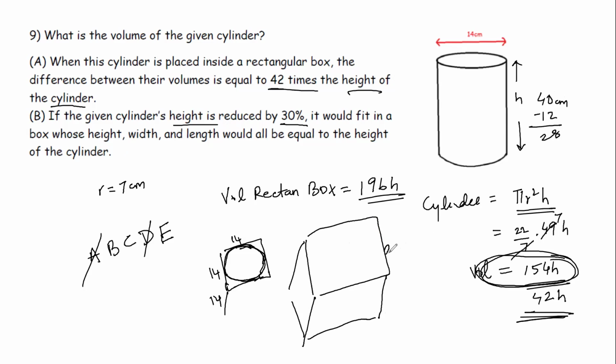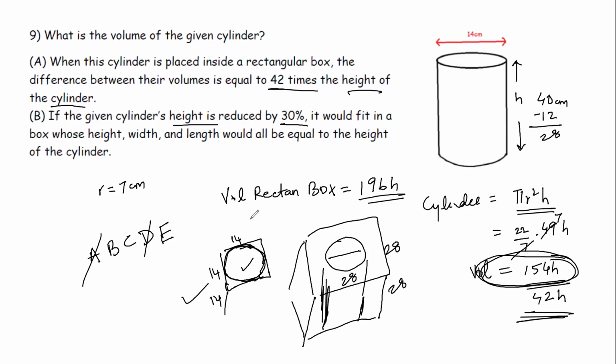And that 28 centimeters could be the height, length, and width of this particular box. But yet my cylinder would have a 14 centimeter diameter, and the height of the cylinder would be the same as the height of the cubical box. So from the second statement, it could be this situation.